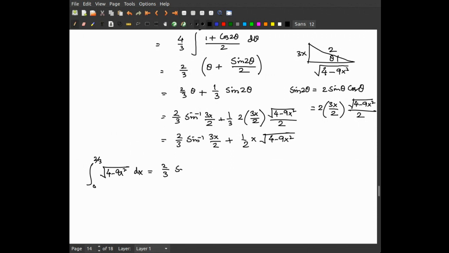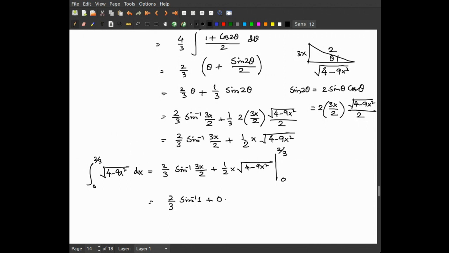We have 2 over 3 sine inverse 3x over 2 plus half x square root of 4 minus 9x squared, with upper limit 2 over 3 and lower limit 0. Let's plug the upper limit. If I plug in 2 over 3, 2 and 3 cancel, so that would be sine inverse 1. Plus, if I plug 2 over 3 in the second term, that is 0.